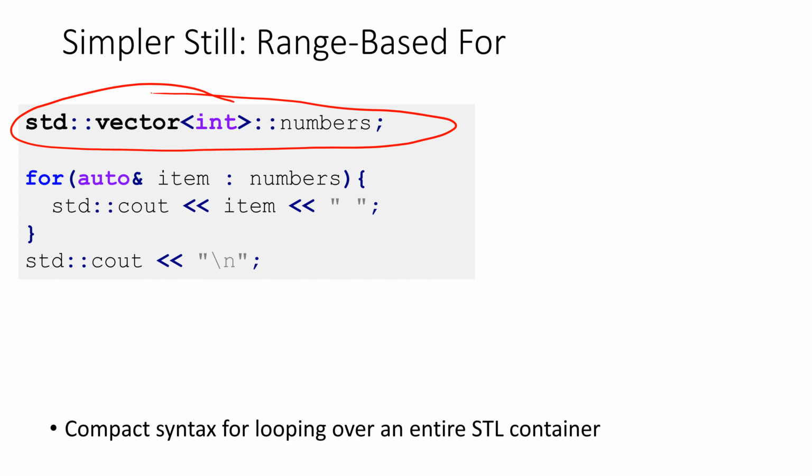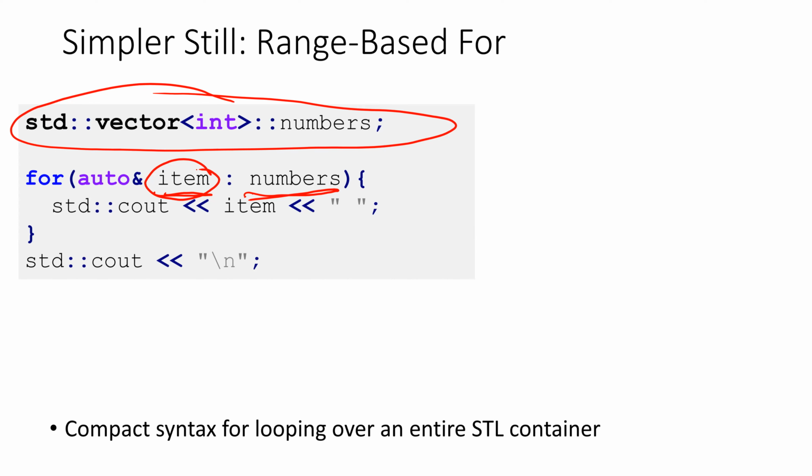And I can basically use this syntax if I want. I can say, I want to go through the whole container, numbers, the whole vector. Each iteration through, I want to process one item from the vector, okay? So this is going to loop through the whole vector.